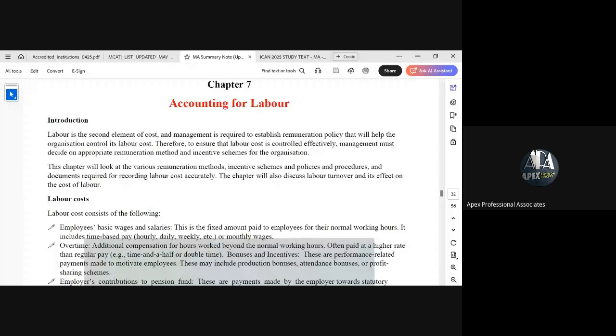All right, so today we'll be looking into accounting for labor. When we're looking at accounting for cost elements, we're in chapter 5, if I remember well, I told us that there are three basic cost elements. If an organization, whether a manufacturing organization or a service rendering organization, is to calculate the cost of what they do, whether the cost of what they produce for a manufacturing organization, or the cost of the service they render for a service organization, we would realize that the cost will be broken down into three major areas.